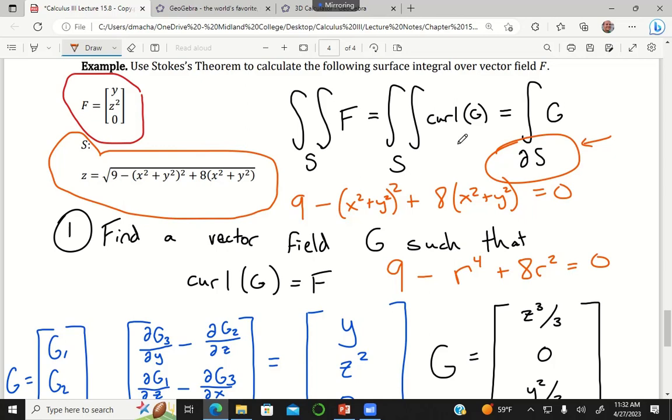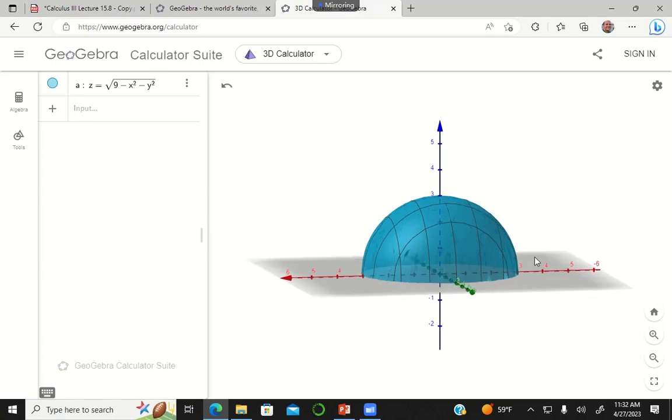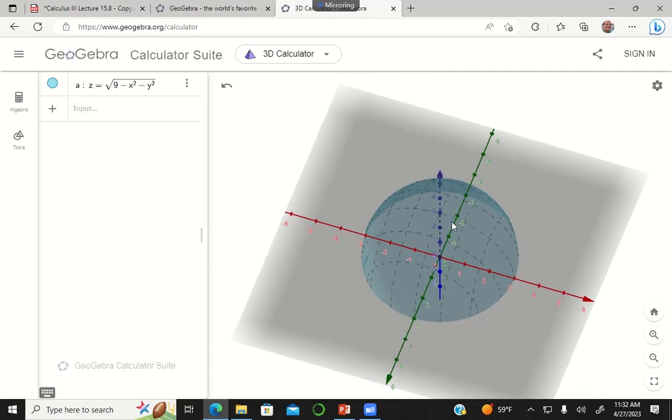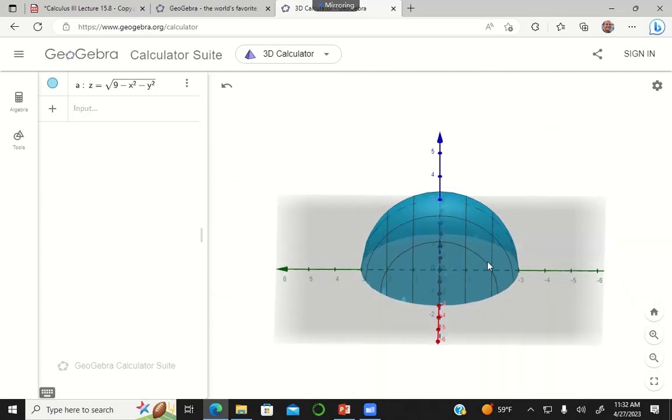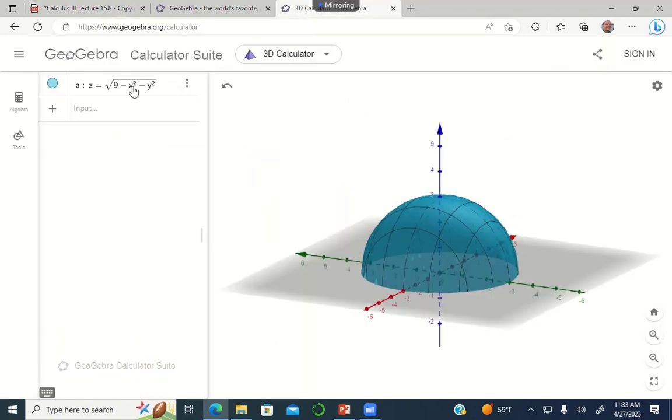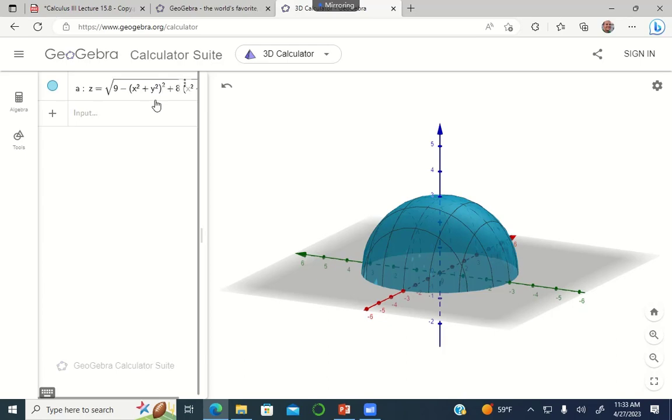So in the last example we worked, we had a nice half sphere, and it was easy to recognize that the boundary of that sphere was the circle of radius 3 in the xy plane. But now if we type in the really crazy equation that we got for this surface, the square root of 9 minus (x squared plus y squared) squared plus 8 (x squared plus y squared), just to see what it looks like.